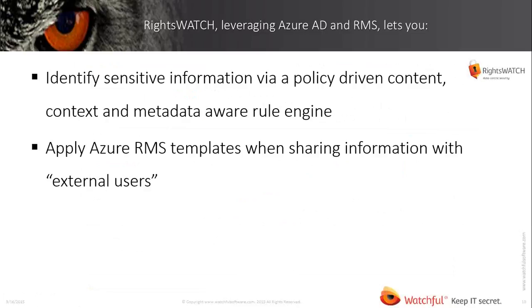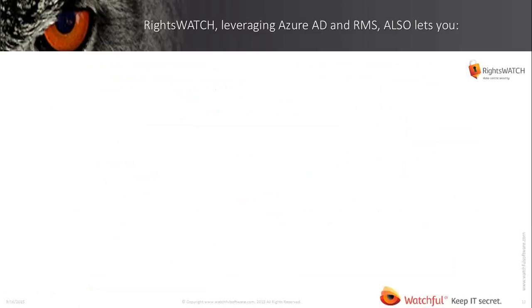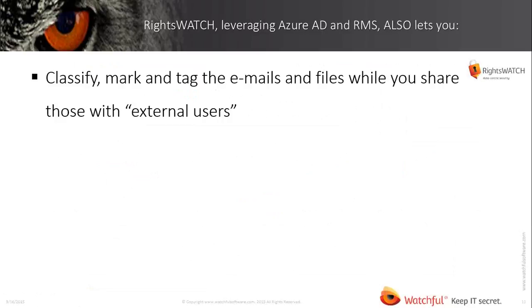So it enables you to apply those Azure RMS templates, to identify which information is sensitive, and to protect that information via email, via any other media. And we're talking really about not just emails, not just Office documents, but any other file format that you can think of.